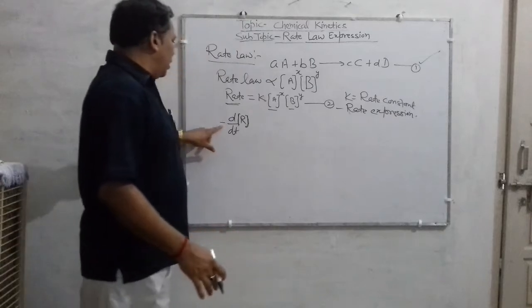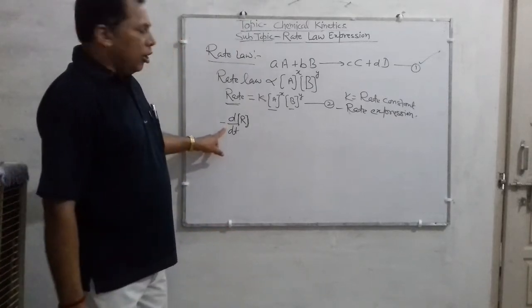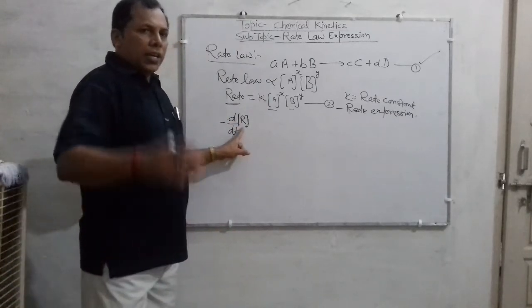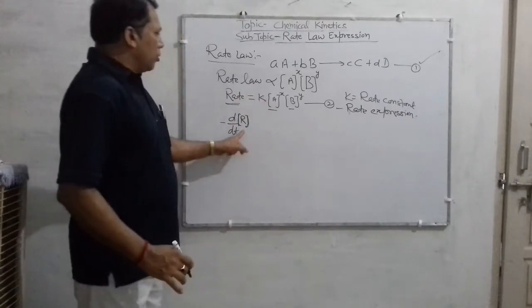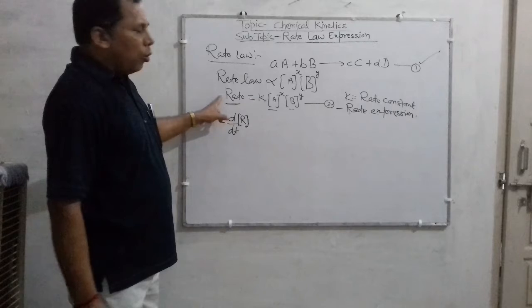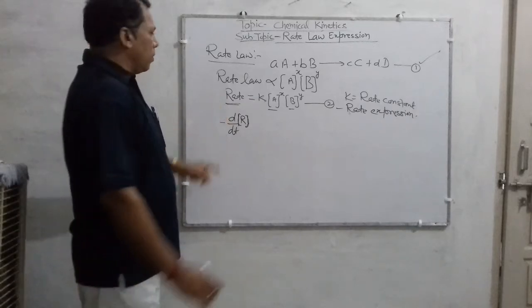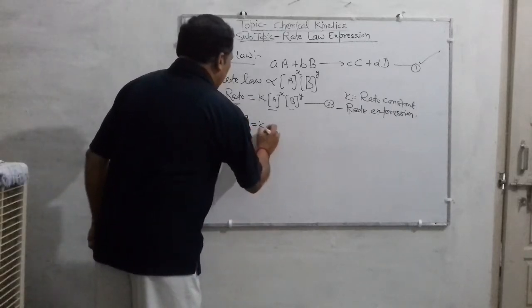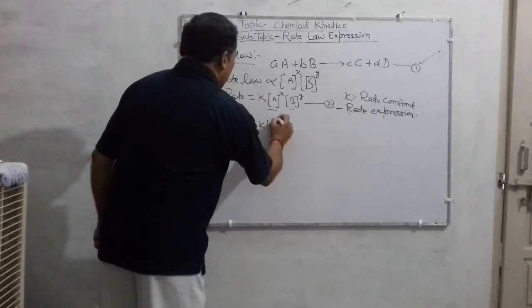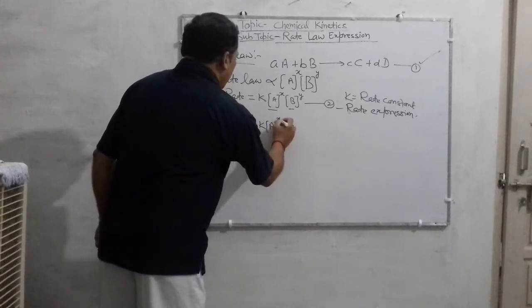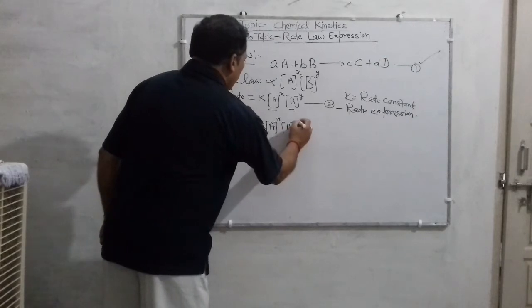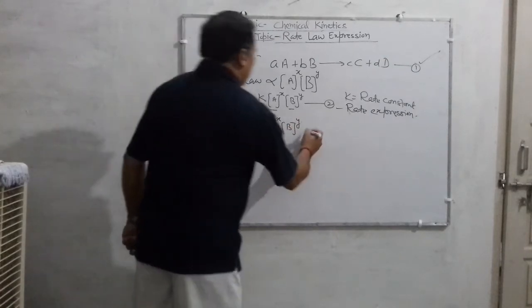So equation 2 in the differential form can be written as k, molar concentration of A to the power x into molar concentration of B to the power y.